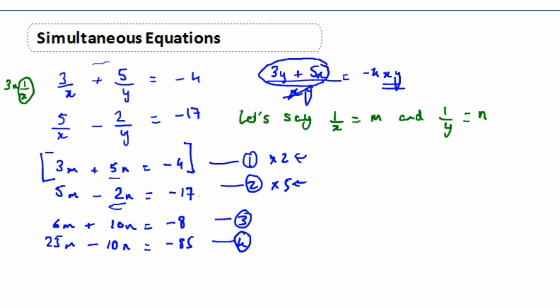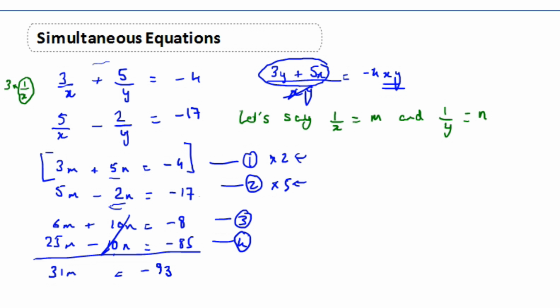Let me call this equation number 3, this is equation number 4. I'm going to add the two equations, because when I do that, the positive 10n and negative 10n get cancelled out. So I've eliminated the variable n. What I'm left with is only m. So it becomes 31 times m, that should be equal to negative 93.